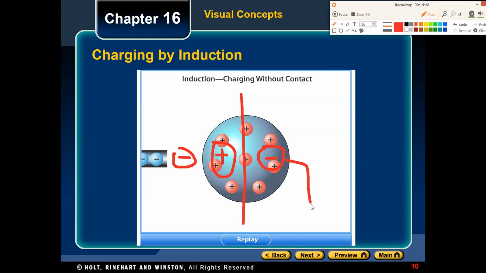If you ground this conductor, all the negative charge will go. However, because of the attraction to the negatively charged object, the positive charge won't be grounded, so it is kept in the conductor. If we disconnect the ground, all the positive charge will be evenly distributed around the conductor. This is so-called induction.